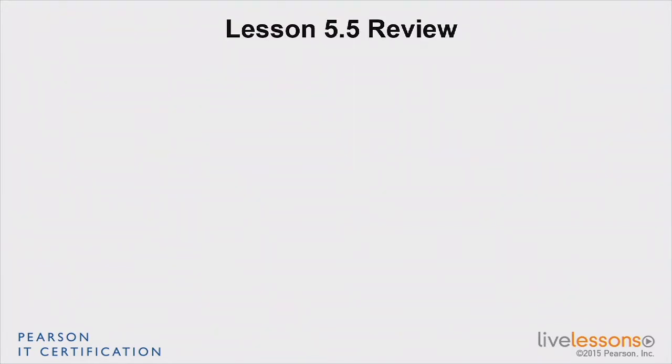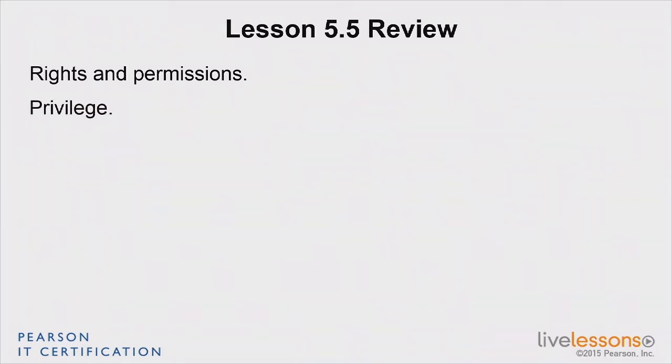So let's review the concepts we just discussed. We started with rights and permissions. Rights are an action that a subject can take. Permissions are what a subject can do to an object, like read or write, create, delete. We looked at privilege and how that's assigned to a super user, an administrative user, or root, and how privilege trumps rights and permissions.